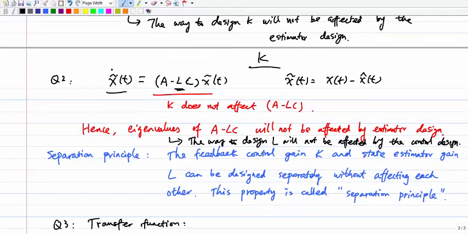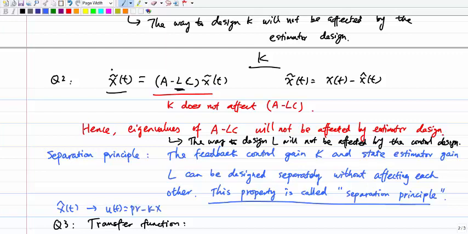So the nice part of this is that we come to the conclusion called the separation principle, which means the feedback control gain K and the state estimator gain L can be designed separately without affecting each other. This kind of property is called the separation principle. This is very nice because you can estimate your state and apply it in your design, u t equals K x hat t, as if you are still using u t equals r minus K x t.